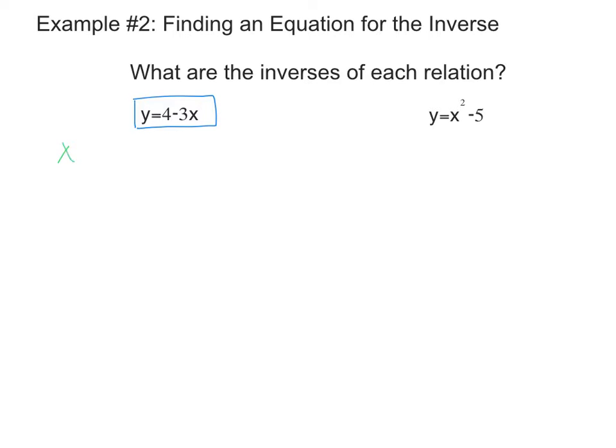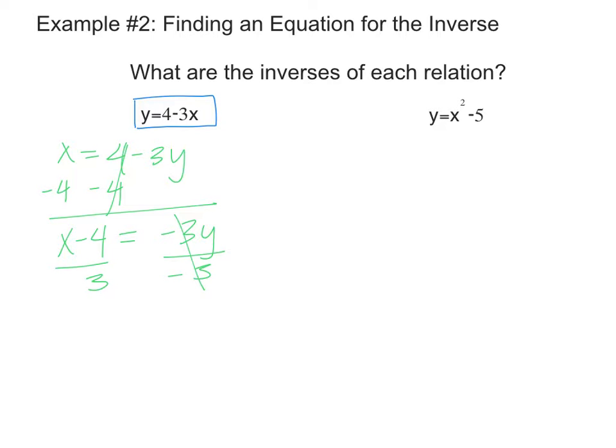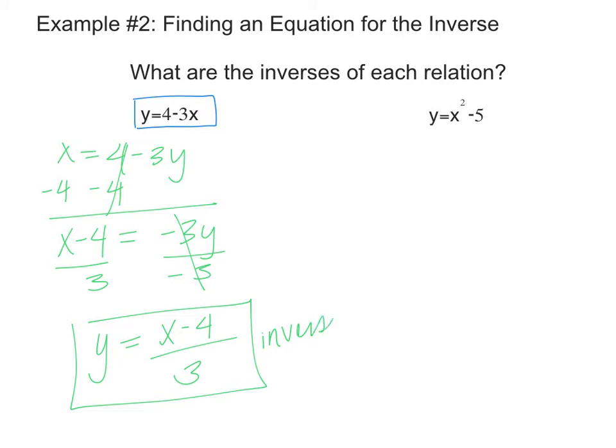That would be x equals 4 minus 3y. Then you still solve for y. So we subtract 4, so we have x minus 4 equal to negative 3y. Divide by negative 3, so y then equals (x minus 4) over -3. So this one is the inverse, while the original is up here.